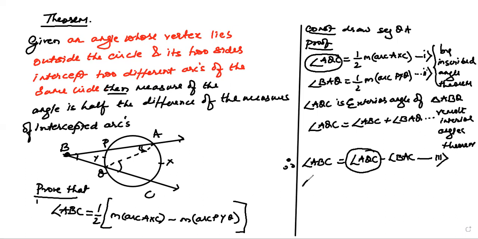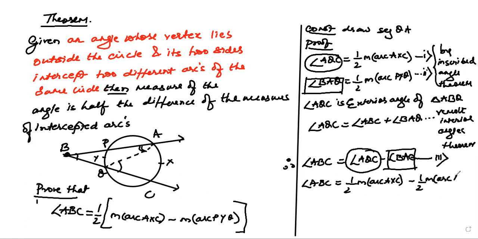Half the measure of arc AXC. So angle ABC equals half the measure of AXC, minus sign is there. And what is angle BAQ equal to, children? You can see angle BAQ, in the rectangular box, is nothing but half the measure of arc PYQ.